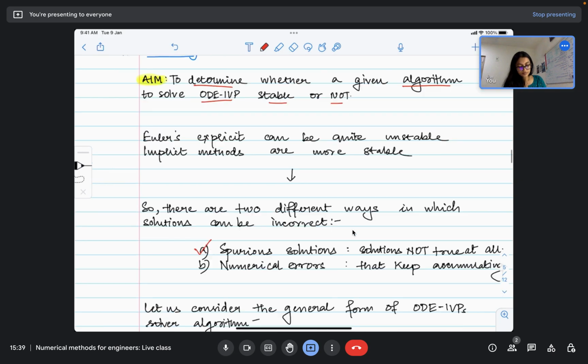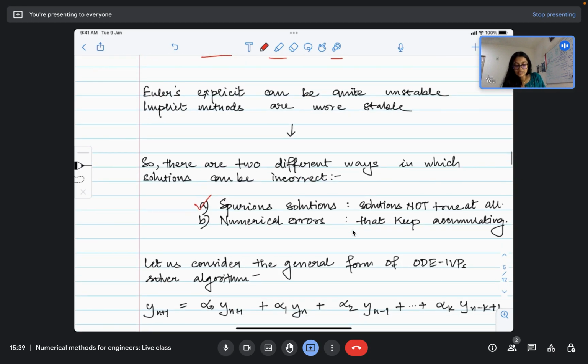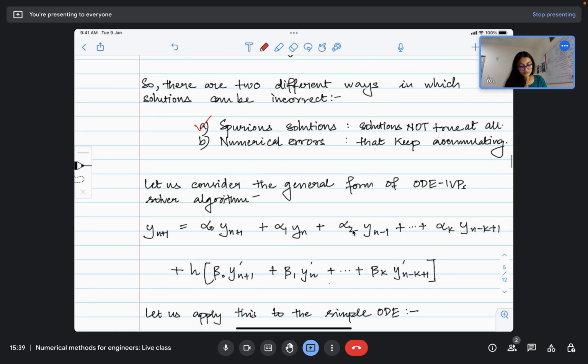Okay? So we've seen that Euler's explicit method can be quite unstable, and implicit methods are slightly more stable, but they require iterative solvers and so on and so forth, right?